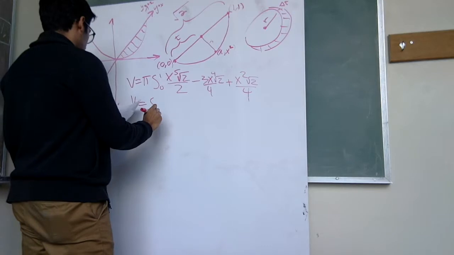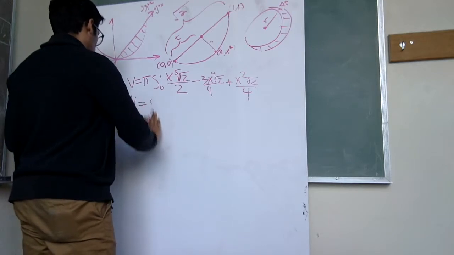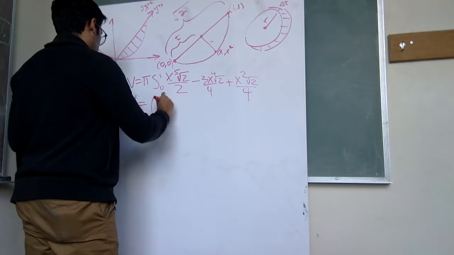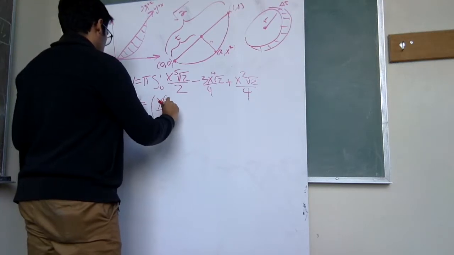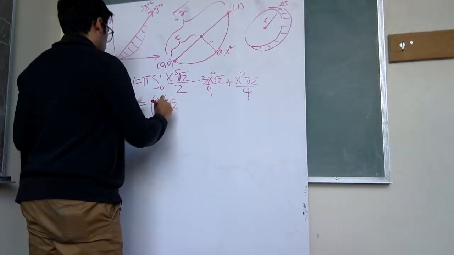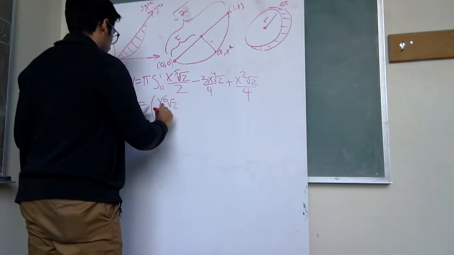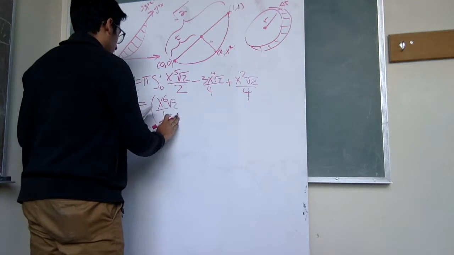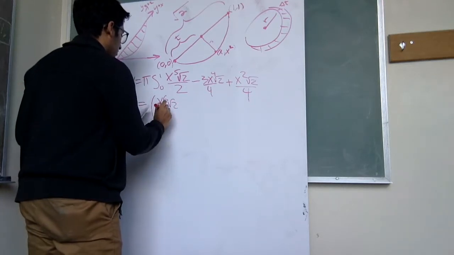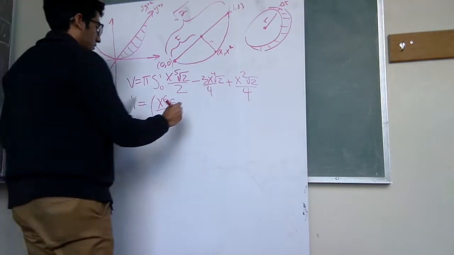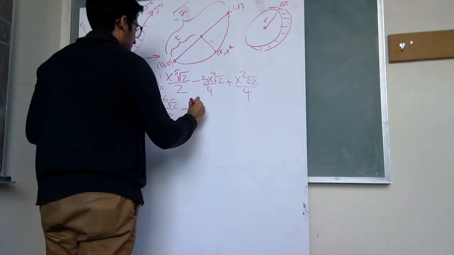If we add the exponent and bring it down, we should get this for the first term, x to the 6th square root of 2 over 12, and we do the same thing for the next term.